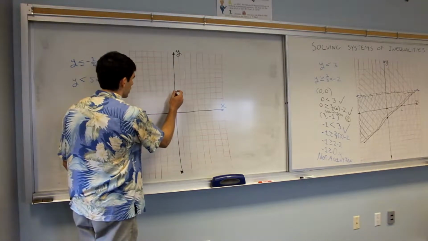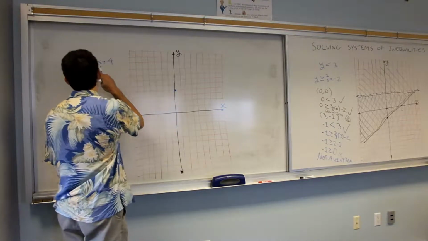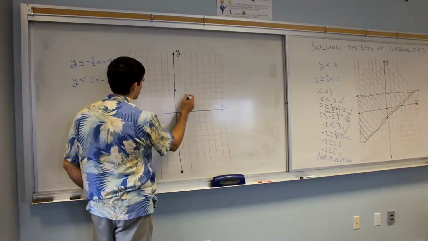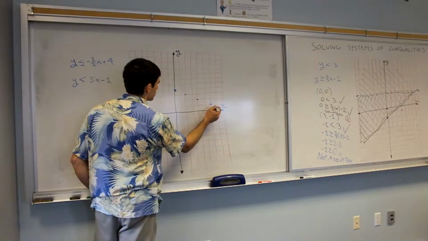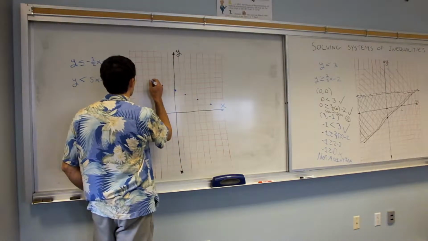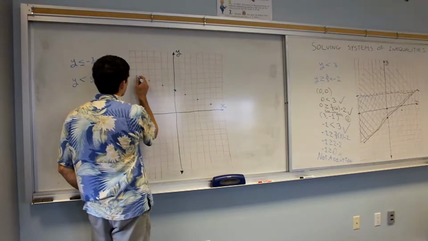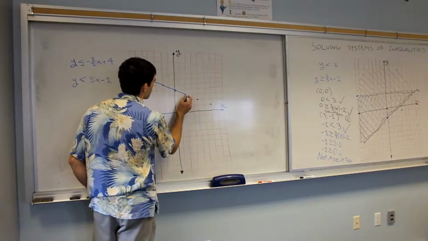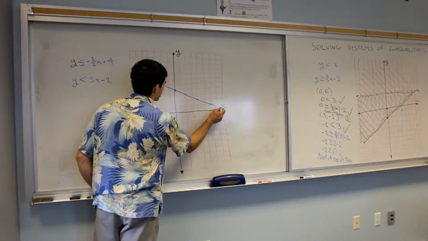So we're going to find the y-intercept. Our slope is -1/2, so that means we go down 1 and right 2. And our equation is going to look something like that.